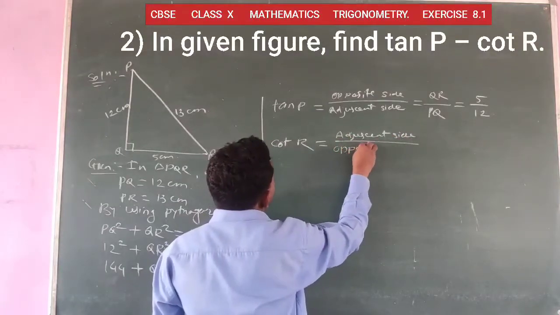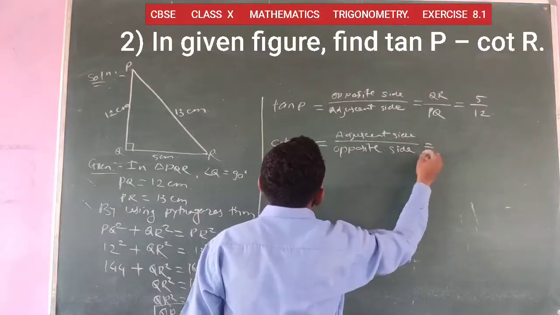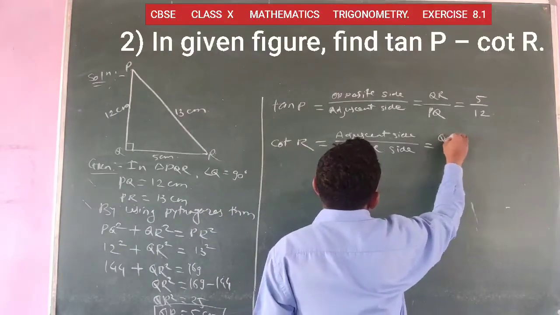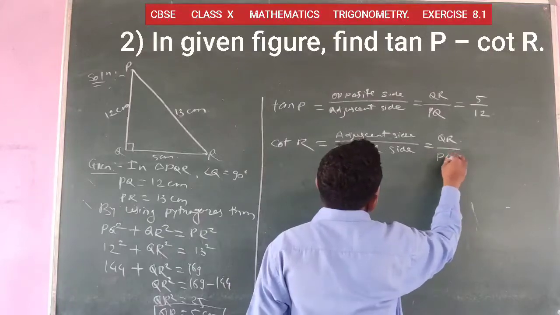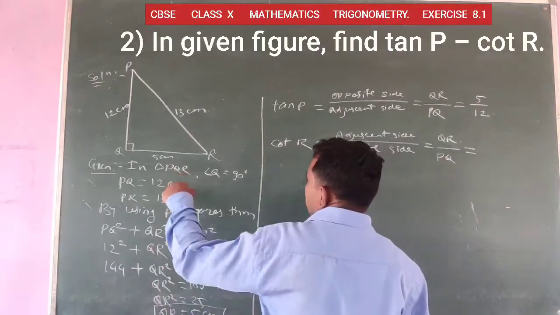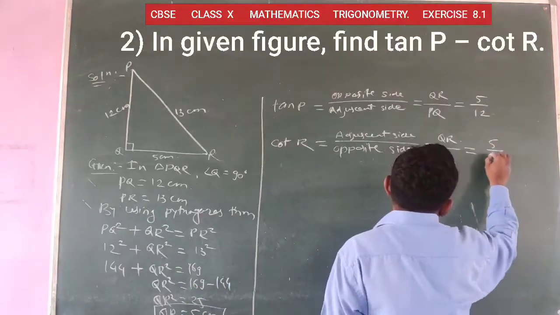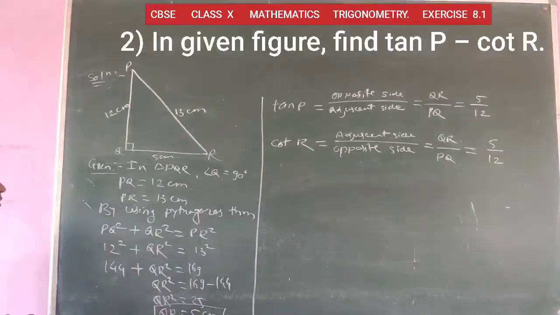So the adjacent side for the angle R is QR and the opposite side is PQ. So QR is equal to 5 centimeter and PQ is equal to 12 centimeter.